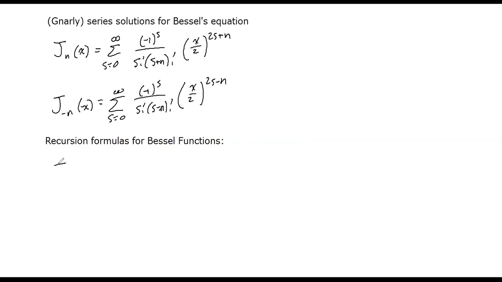The recursion formula for a Bessel function is actually much nicer. Honestly, all the terrible part is the fact that you have an infinite series and you have to do this kind of leap of series arithmetic to get these closed form solutions. But after that, Bessel functions look and act pretty well behaved. We're actually going to have to work to make them act not well behaved if we need them to go to infinity.